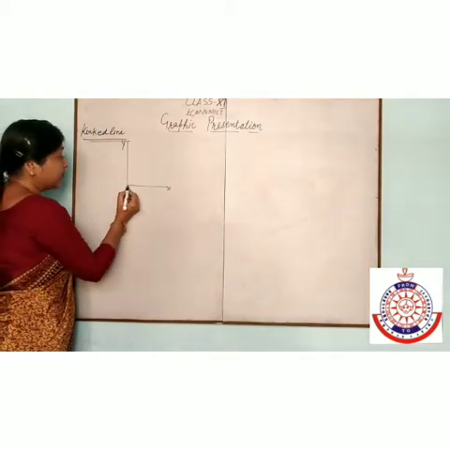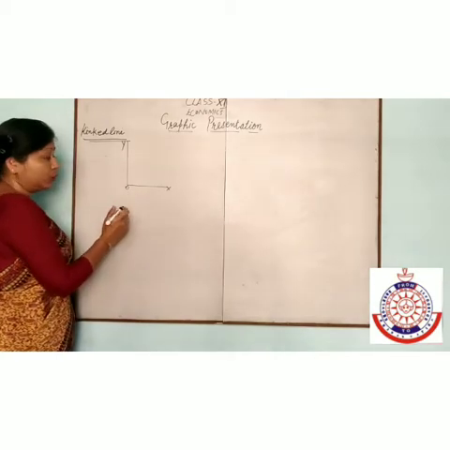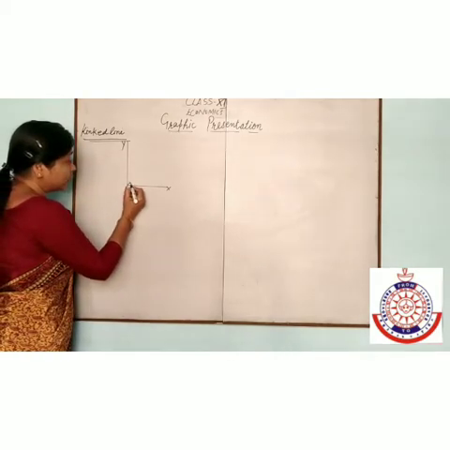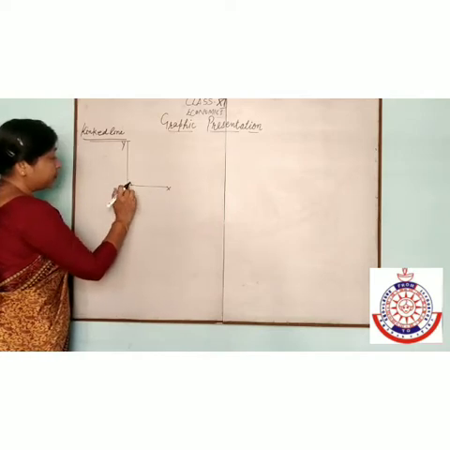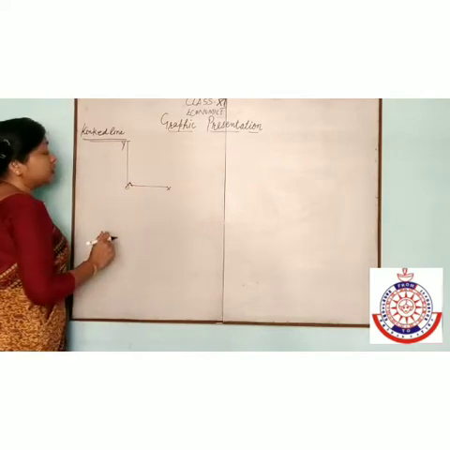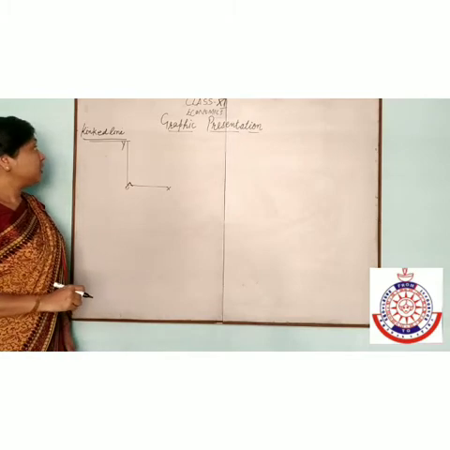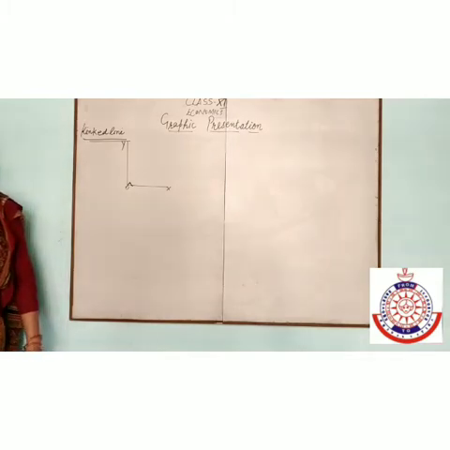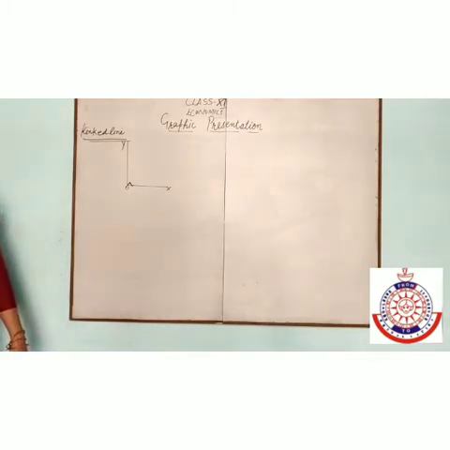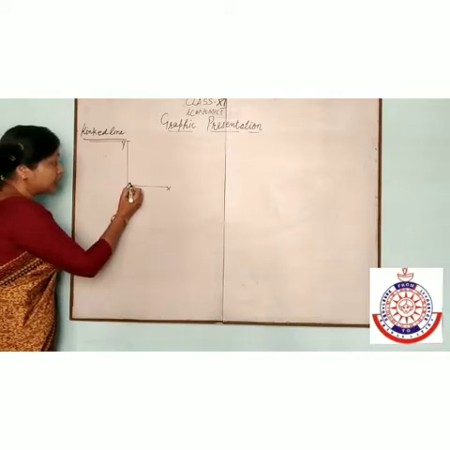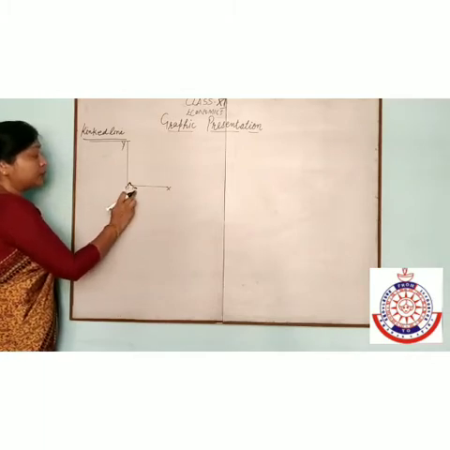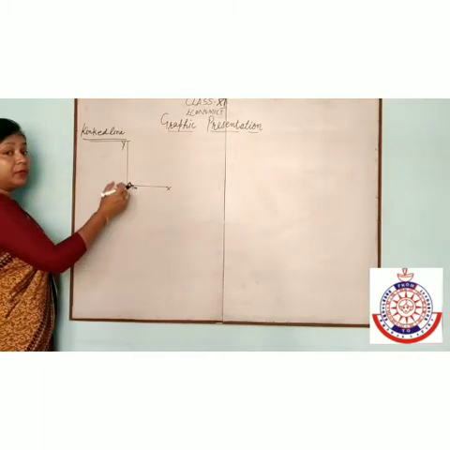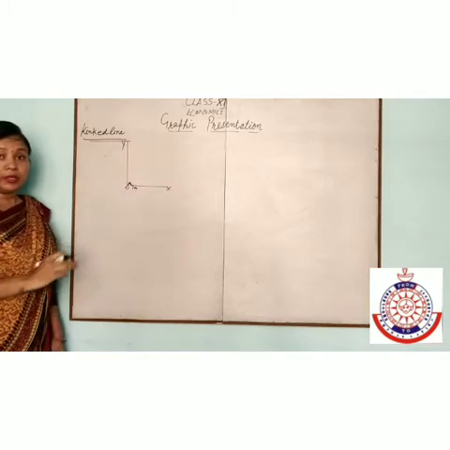Now, for the gap between 0 and the minimum value, we use this type of break, which is known as a kink line. When we have to represent the gap between 0 and the minimum value, the minimum value may be 10, maybe 20, maybe 100, whatsoever.